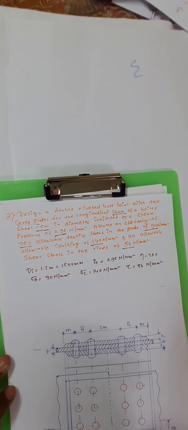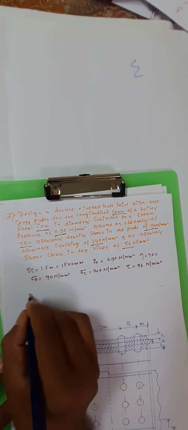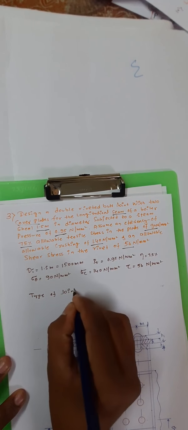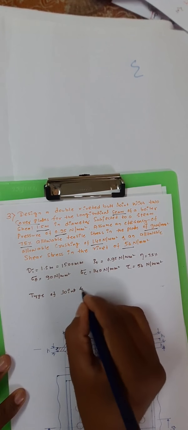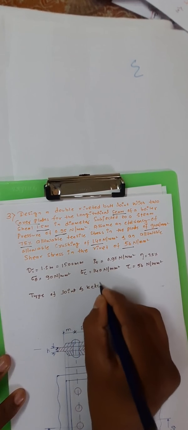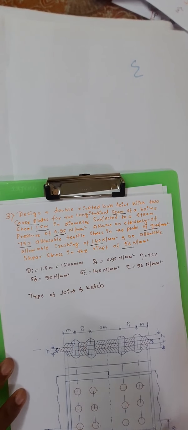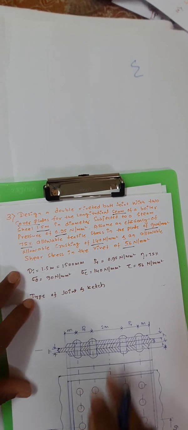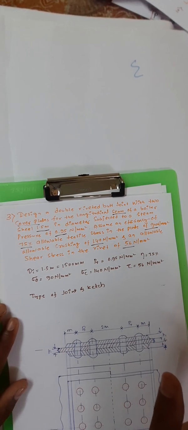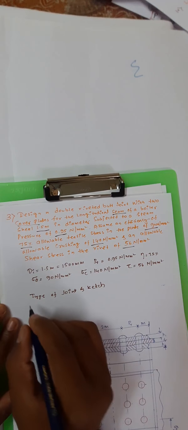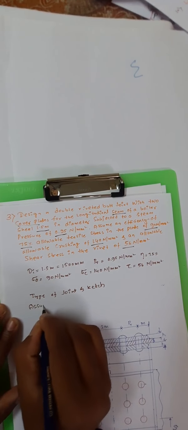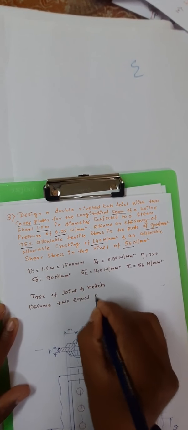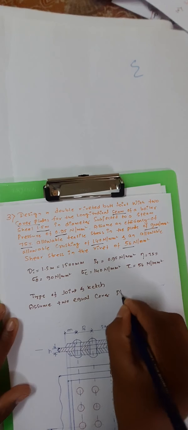Next, what we need to do, we need to select the type of joint and sketch. So here assume two equal cover plates, since they have not mentioned anything regarding equal or unequal.